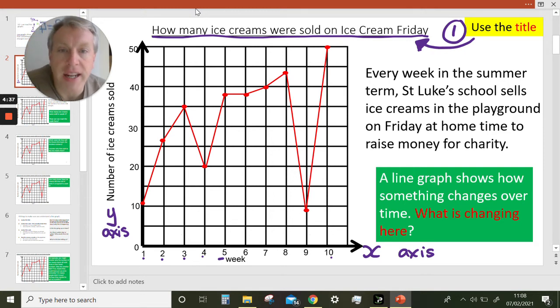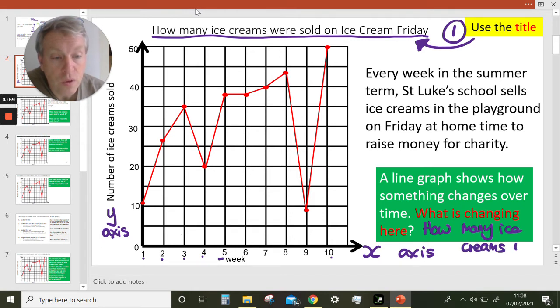Okay, I get it. So what is changing here? What is the line graph measuring? What did we measure? Well, what's changing here is we're measuring how many ice creams were sold.